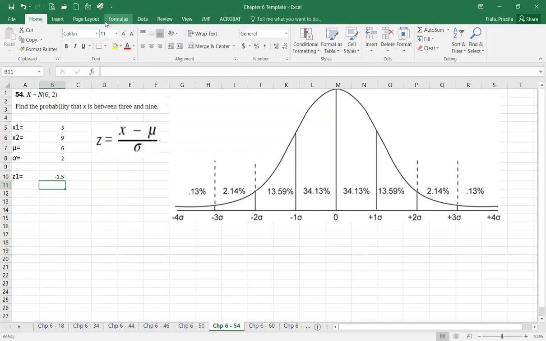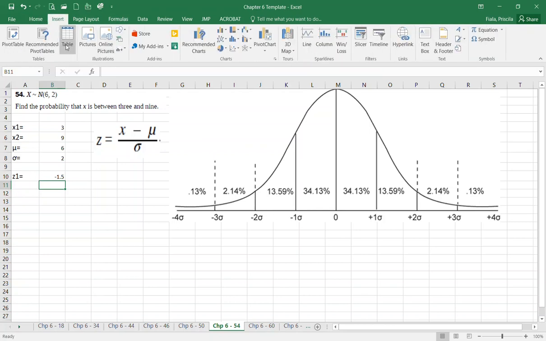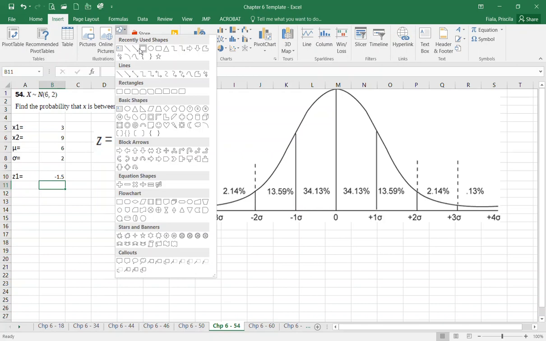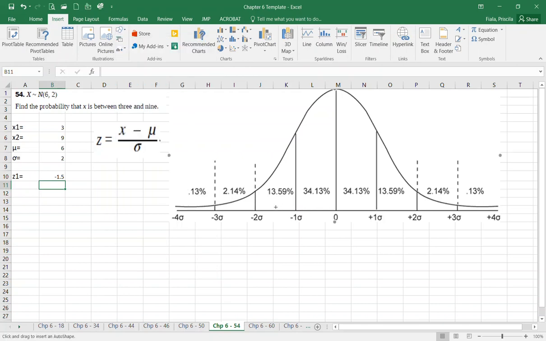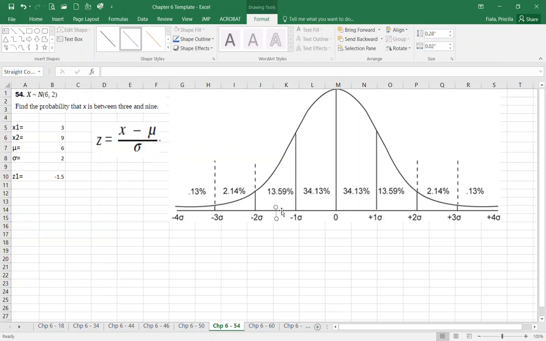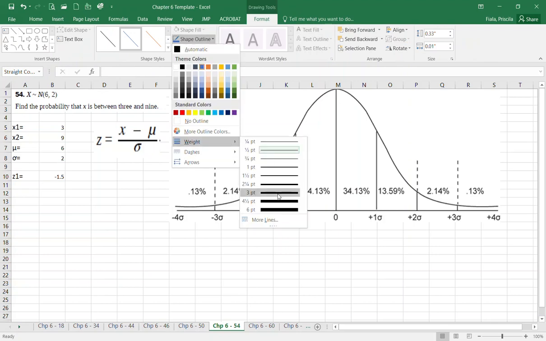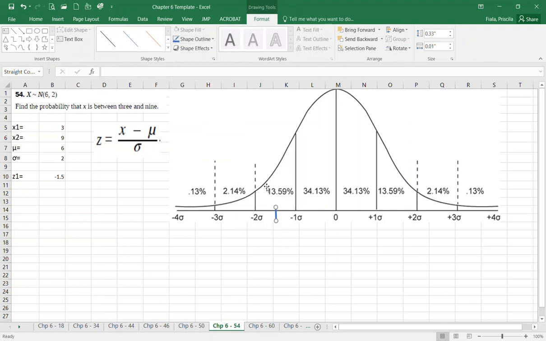So it would be about, let me see if I can insert a little line to make it easier. So it would be about here, the middle. Okay, it's a little crooked. Still crooked, huh? Okay, let me make it a little thicker. Okay, that's good enough. So it's about over here.